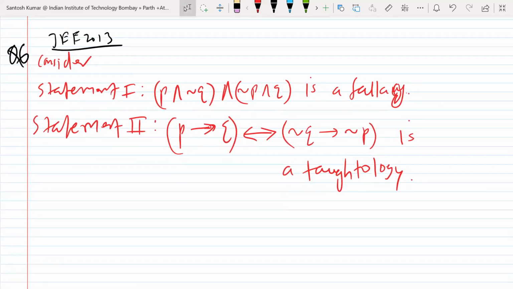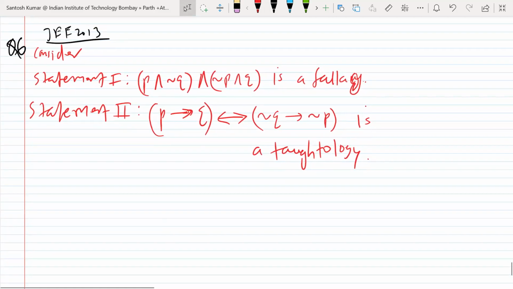So the options are: the first option, both statements are true, and statement 2 is the correct explanation for statement 1.